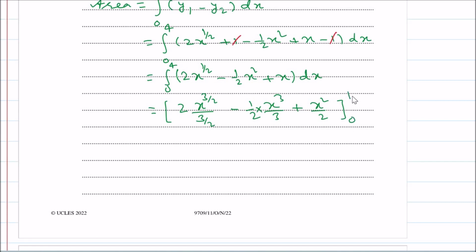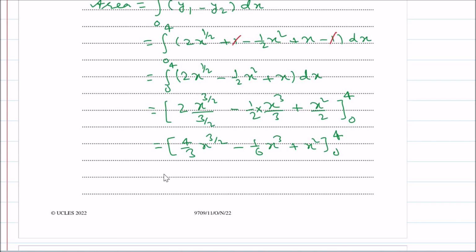So 0 to 4 here. Now if you simplify this, we get 4 by 3 x to the power 3 by 2 minus 1 by 6 x cube plus x square, 0 to 4.